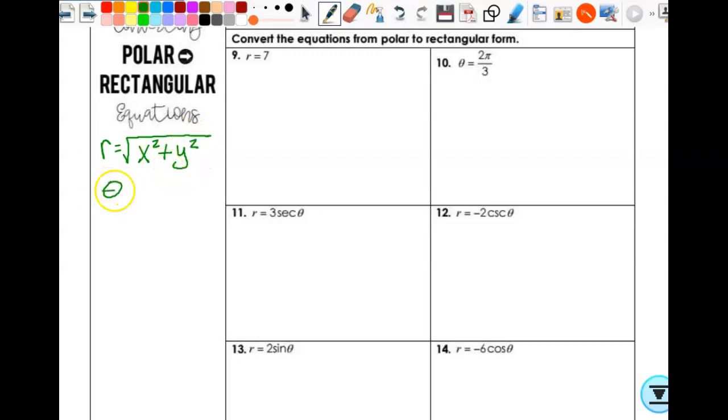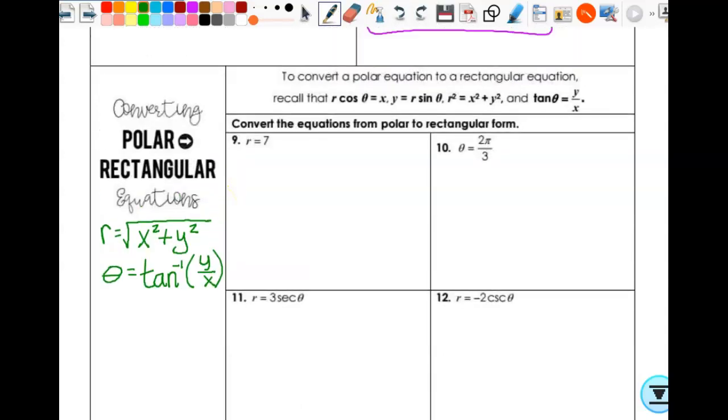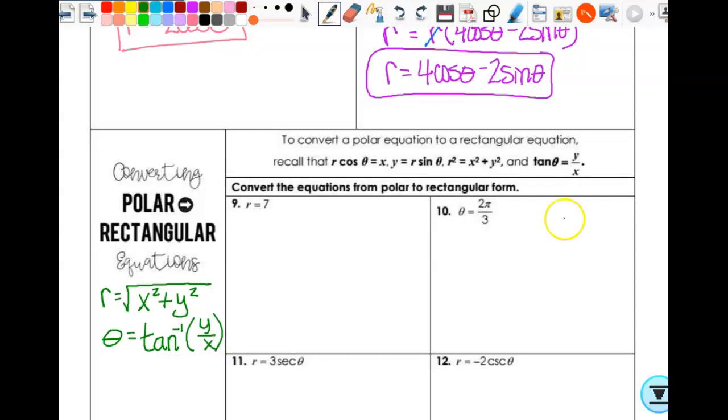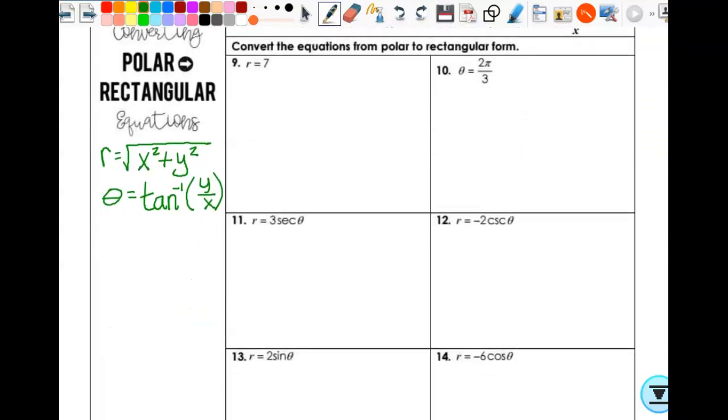And we know that theta is equal to the tangent inverse of y over x. Okay. So same thing as these right here, but that's what we were using at one point yesterday, and what will be helpful here.